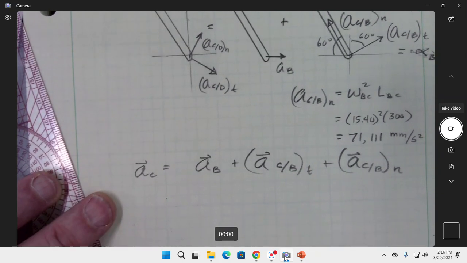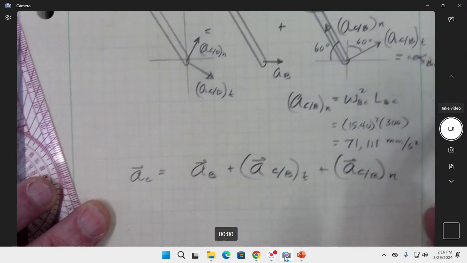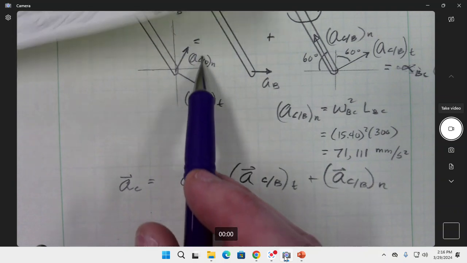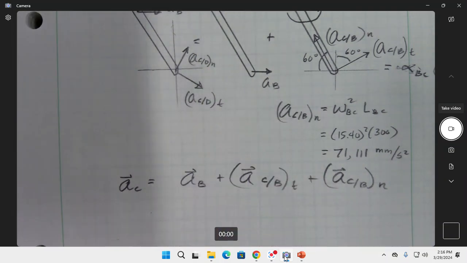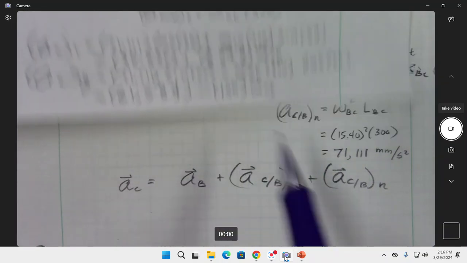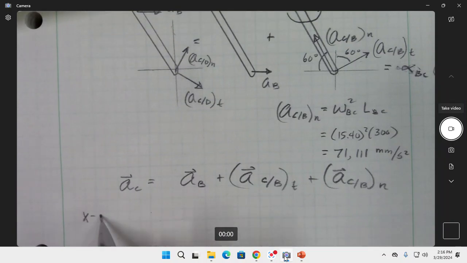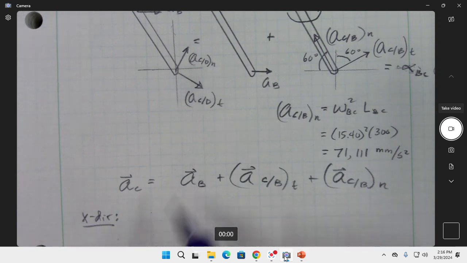And then we start to proceed across. I've already broken these into x and y's. This problem doesn't have the luxury of getting rid of much stuff, so you actually have to do a simultaneous solution.